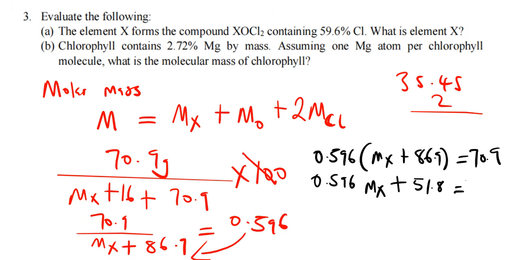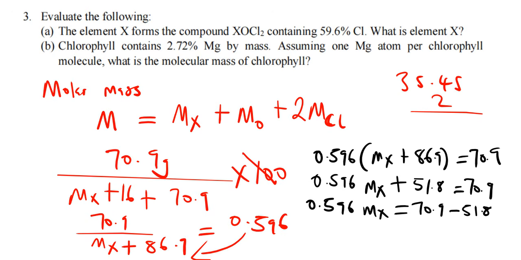This is equal to 70.9. Now I'm supposed to put the like terms together, so this other one is going to go on the other side. I'm going to have 0.596 mx equal to 70.9 minus 51.8.